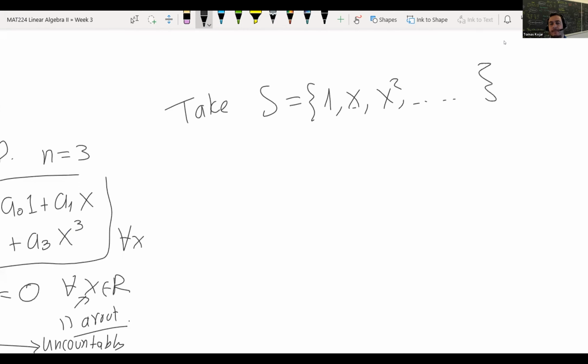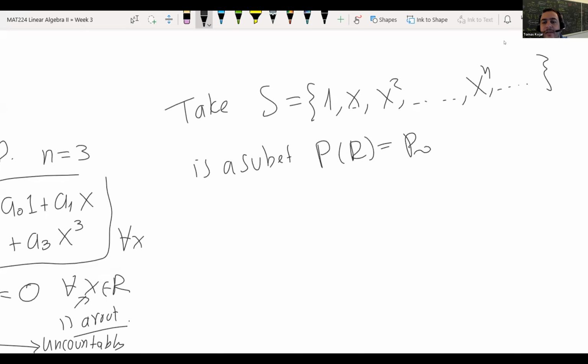I'm doing this here in class because part of it will show up in the homework, so I don't want to spread it too much. Anyhow, take this subset of all monomials, x to the n, and it keeps going. And this is a subset of, if you like, PF or PR, let me write PR, or P infinity R. These are both valid notations. And these are infinite polynomials, possibly infinite.